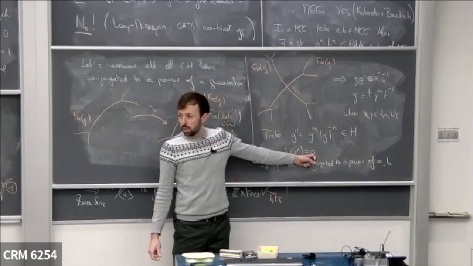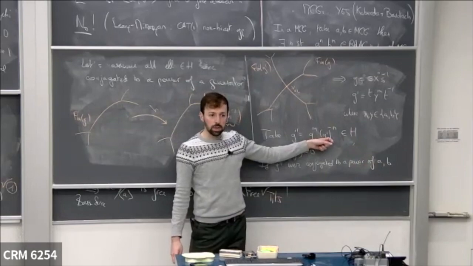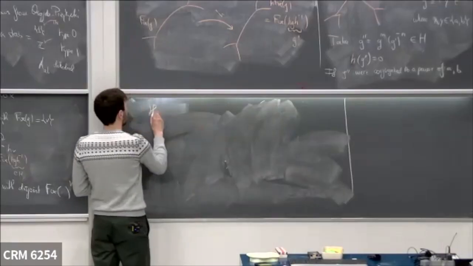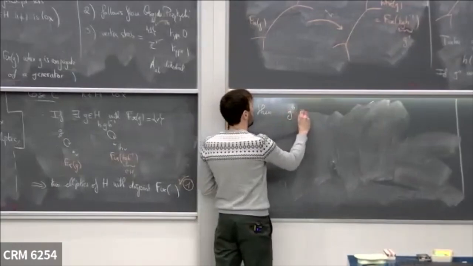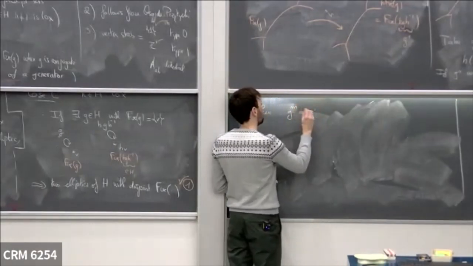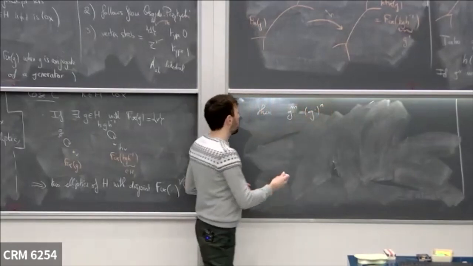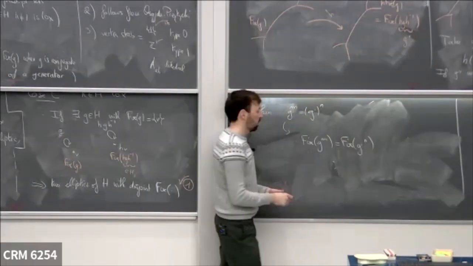So it would mean in particular that G to the M would have to be equal to G prime to the N. So in particular, their fixed point sets have to agree.